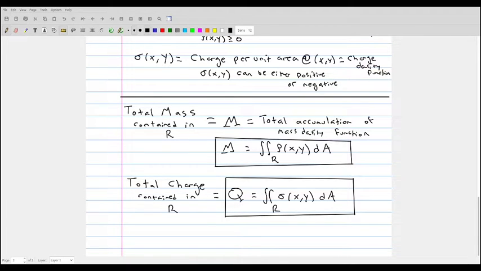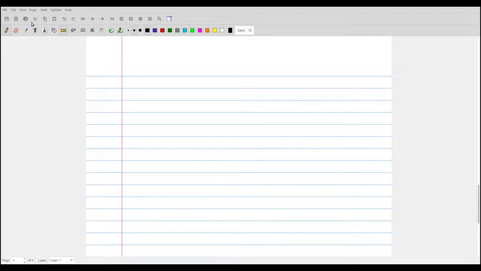Before we see the example, though, let's justify this. We want to always justify our mathematical statements, and we're going to do that using Riemann sums.